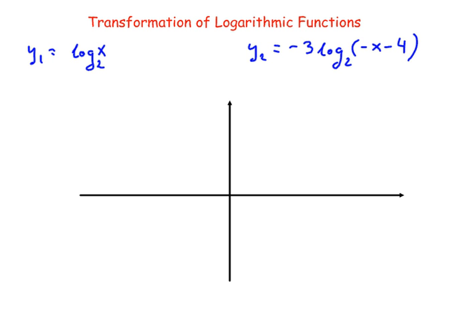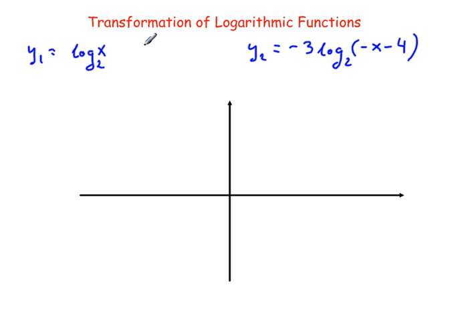Transformation of logarithmic functions. In this exercise we have a parent function or root function, the one on the left hand side, y1, equal to logarithm to base 2 of x.